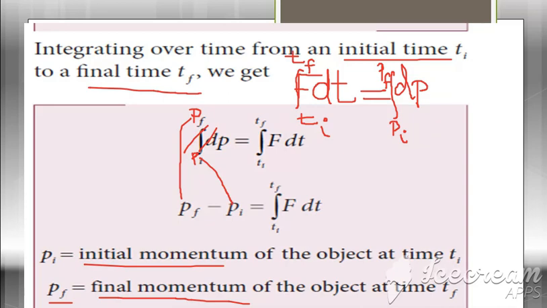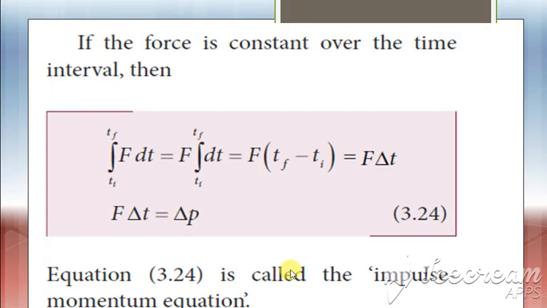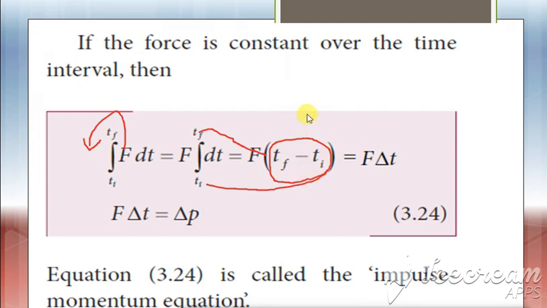So we get the equation as F of del t. This F, the constant, we are taking outside. So integration of tf to ti, upper limit minus lower limit, this tf minus ti, is the change in the time taken. So this can be written as del t.